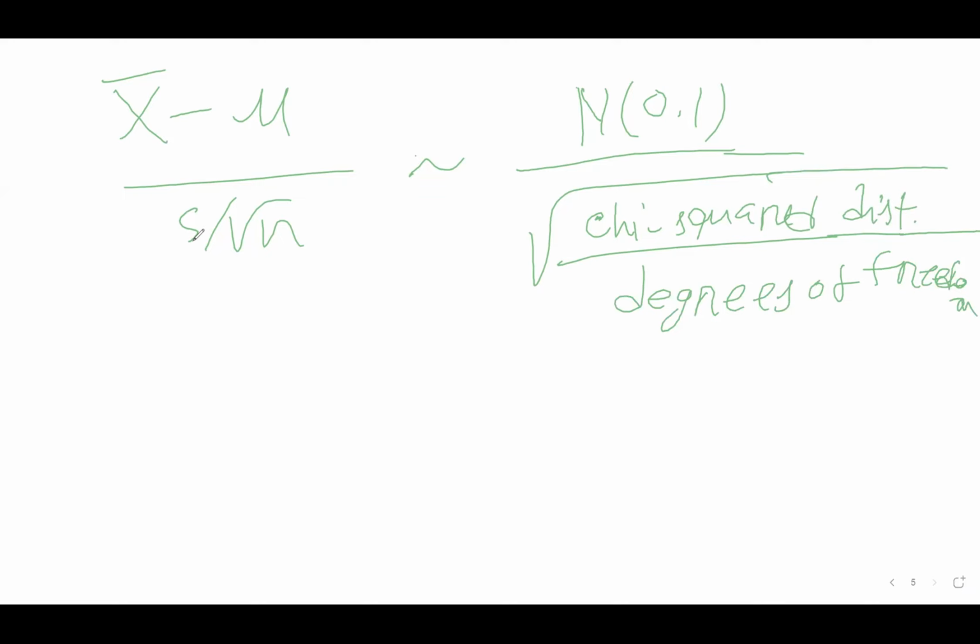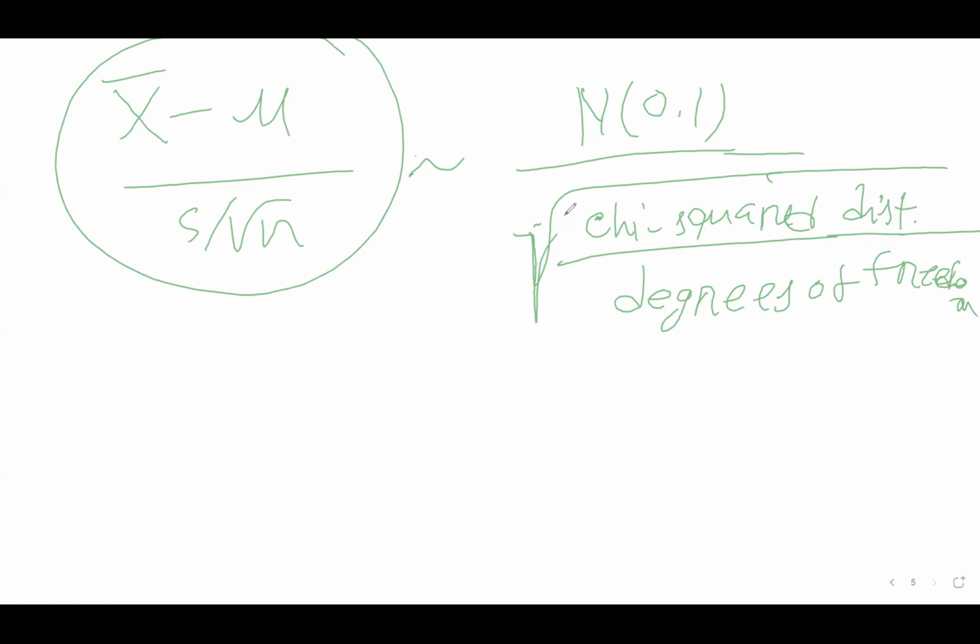So we can write, when sigma is unknown, when we use s instead of sigma, this ratio is the ratio of a standard normal distribution, and the denominator is a square root of chi-square distribution divided by degrees of freedom.